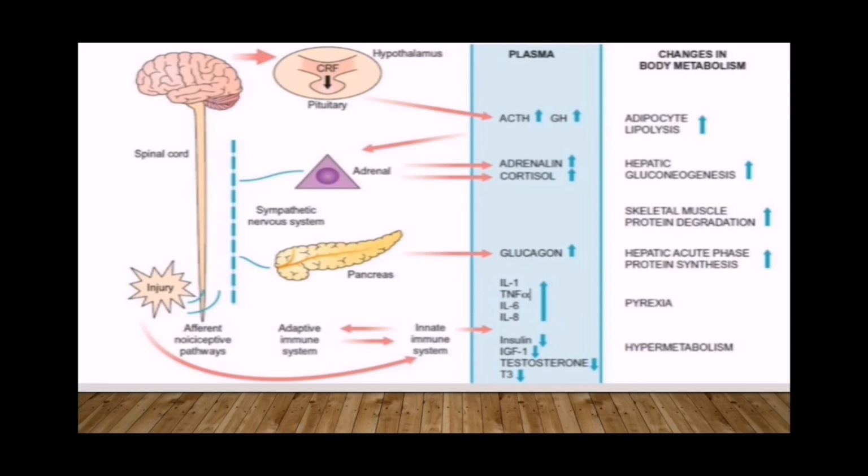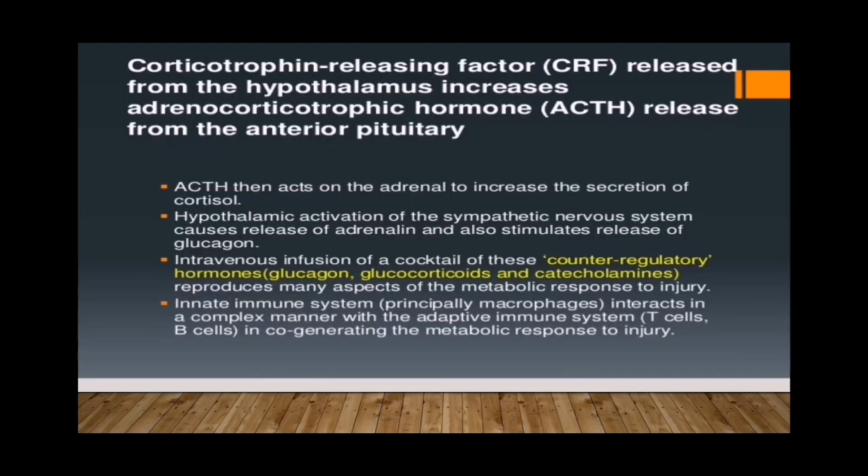Hypothalamic activation of the sympathetic nervous system stimulates the release of adrenaline and glucagon. Corticotropin releasing factor released from the hypothalamus increases adrenocorticotropic hormone released from the anterior pituitary. ACTH then acts on the adrenal gland to increase the secretion of cortisol.